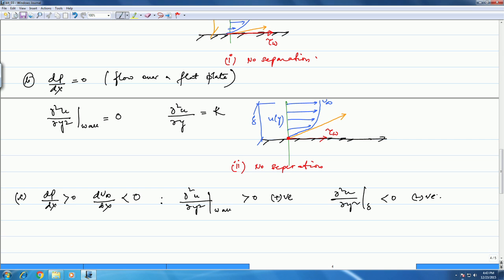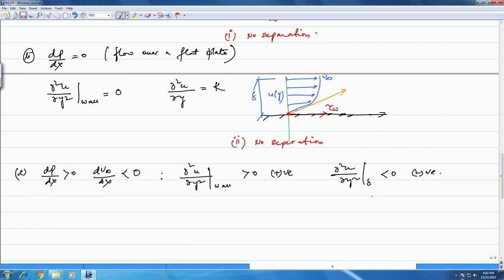So therefore, there is a change in slope between the wall and the edge of the boundary layer, somewhere in between. So it goes from positive at the wall to negative at the edge. So there has to be an inflection point somewhere.